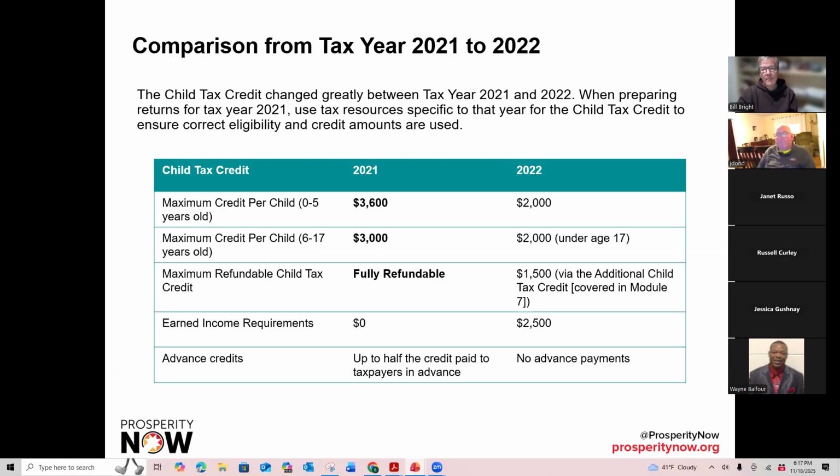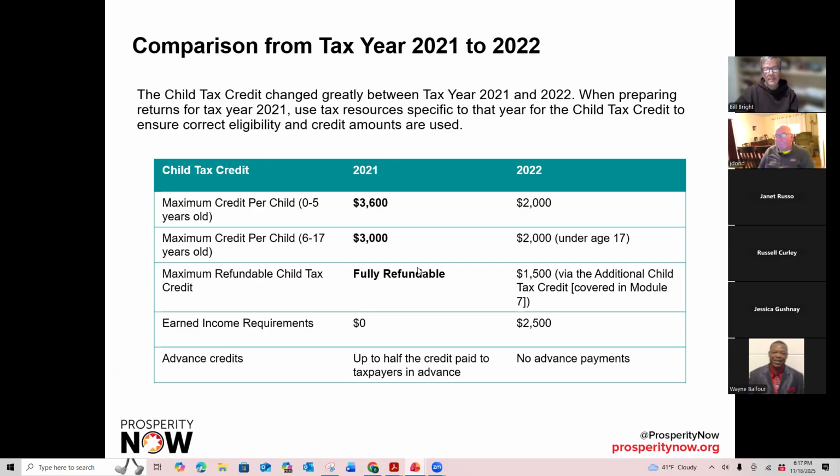This is something I kept in. I mean, it's a few years old, but those of you who remember, coming out of COVID, they had quite a generous child tax credit. What really made this quite impactful was there were no earned income requirements.